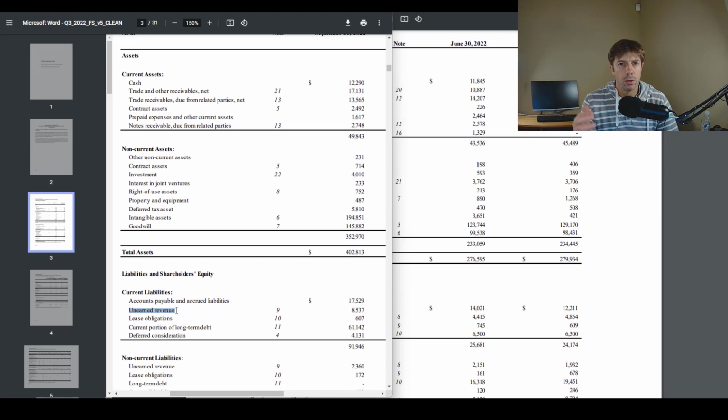So unearned revenue is, for example, let's say you subscribe to Microcap Explosions and you pay me for the full year. Let's say you pay me $1,200, so $100 per month. We have 12 months.